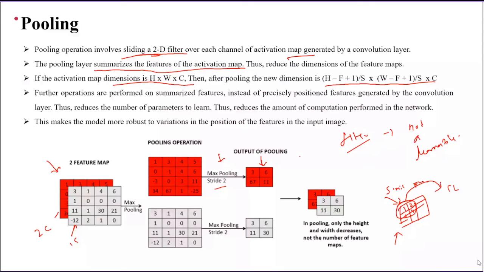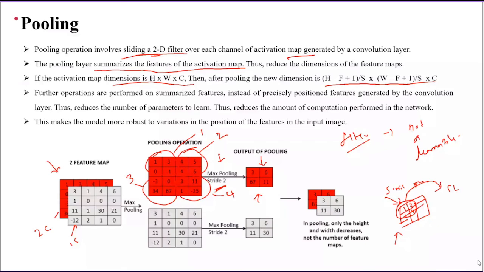So this patch will give you one value. This patch will give you another value, which means the second pixel, and this 2x2 will give you the third pixel value, and this 2x2 will give you the fourth pixel value. So here this 4x4 is now reduced to 2x2.